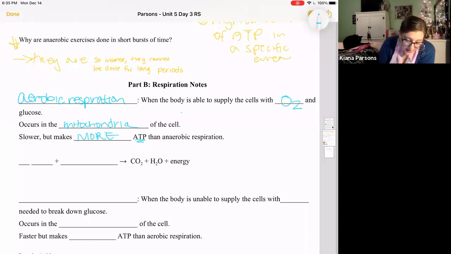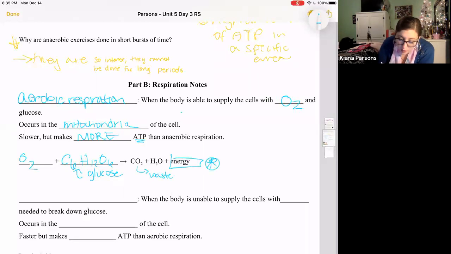So the formula is O2 plus C6H12O6, which, remember, that's glucose, yields CO2, which is waste, H2O, which is a byproduct, and energy, the key point, in the form of ATP.